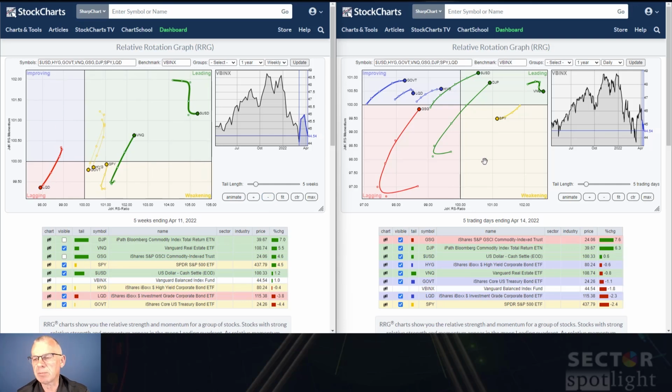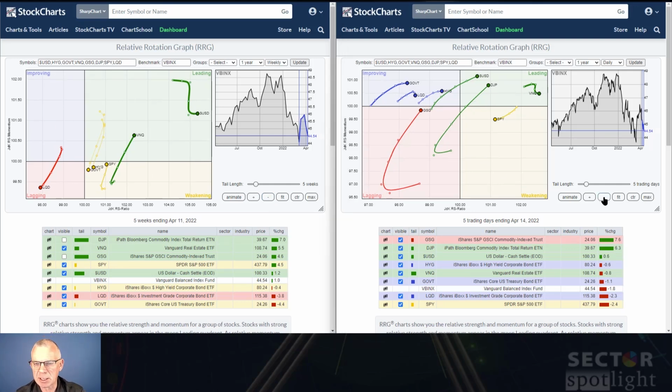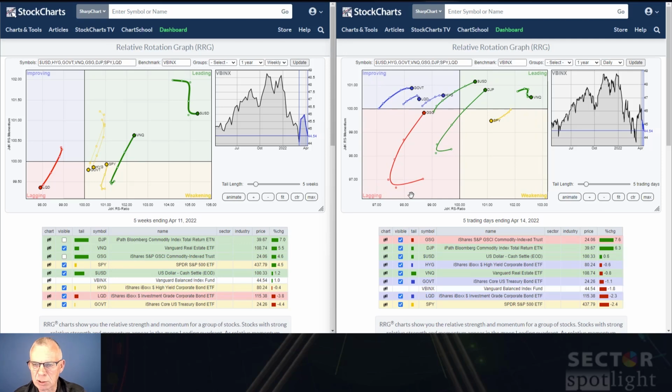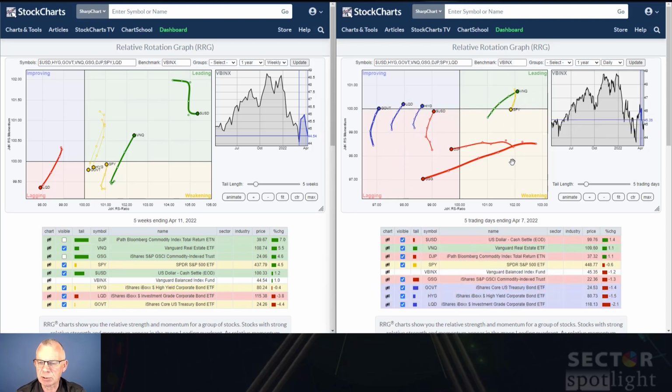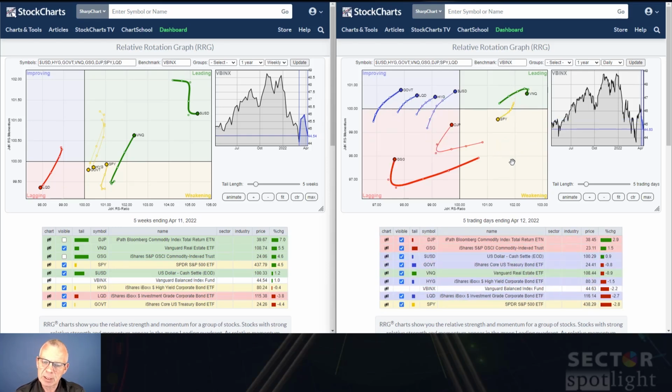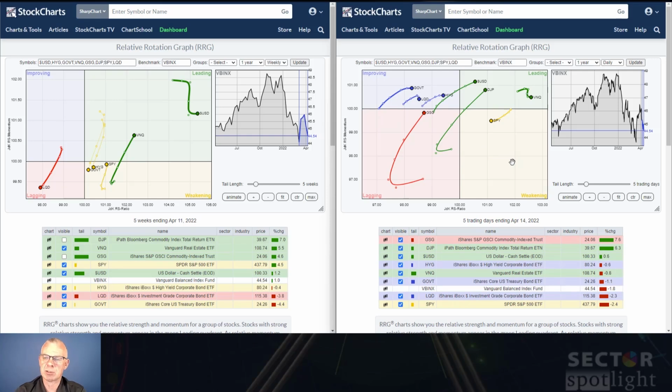And then here on the right-hand side on the daily, we see that if we stick with those commodity ETFs, GSG and DJP, they are finalizing their rotation from deep inside leading through weakening, lagging, and now DJP is already back inside leading and GSG is close to crossing over into improving.